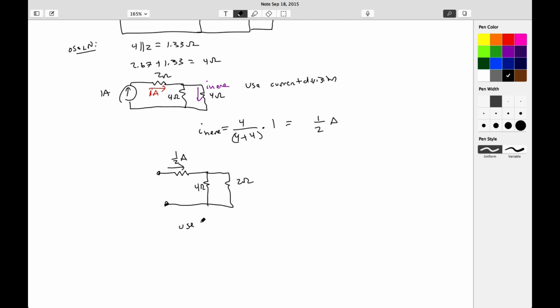And here we have 4 ohms, and here we have 2 ohms. So again, we're going to use current division.